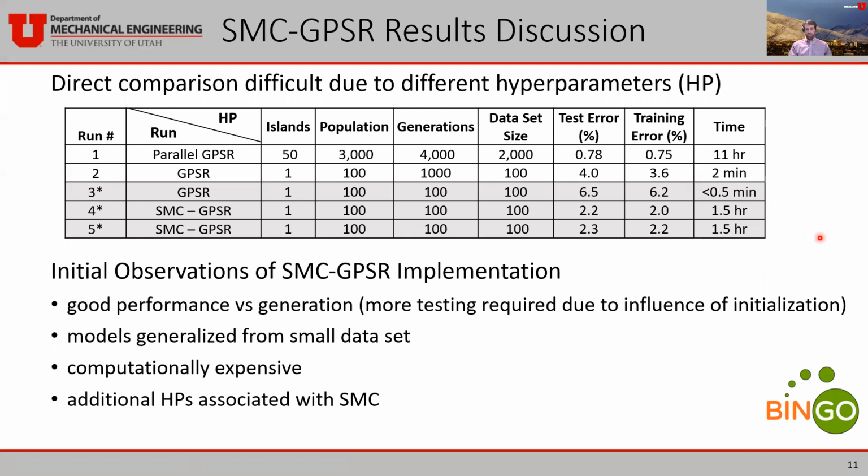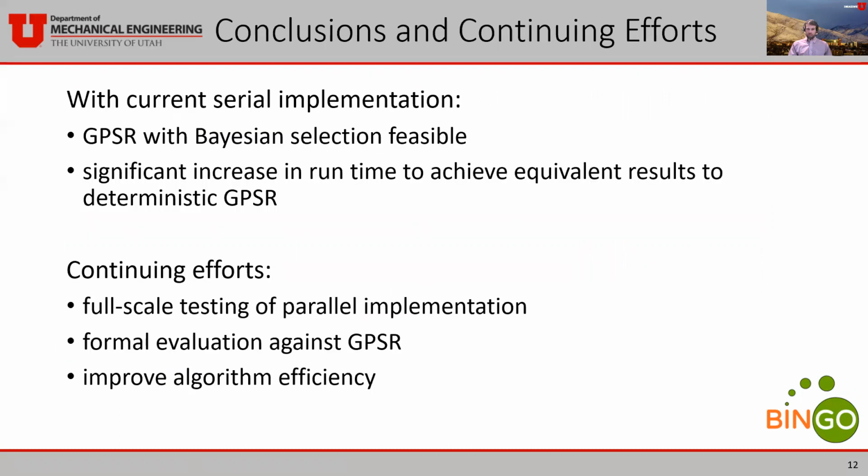Another potential observation from these tests is that the Bayesian implementation tended to converge faster with respect to the number of generational steps, but it definitely was not converging faster with respect to time. So it is a feasible alternative given the modeler has the time and computational resources available.